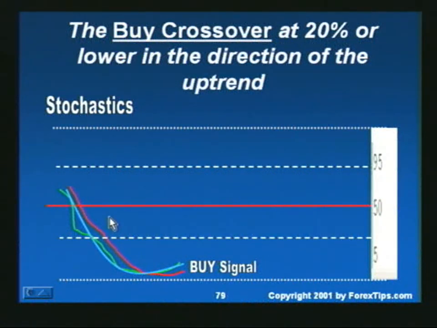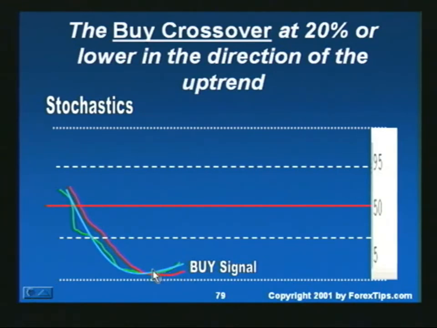Let's look at this stochastic buy signal. If we look at the range starting at 0 and going all the way to 100 with the filter line at 50, everything under 20 can potentially offer a buy.